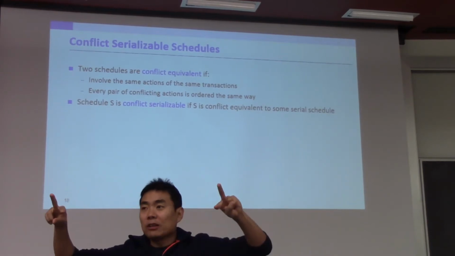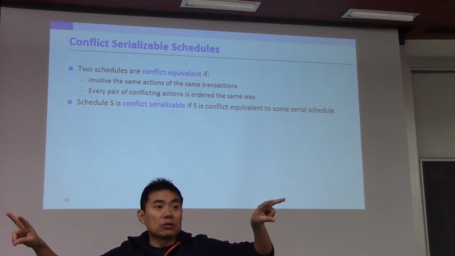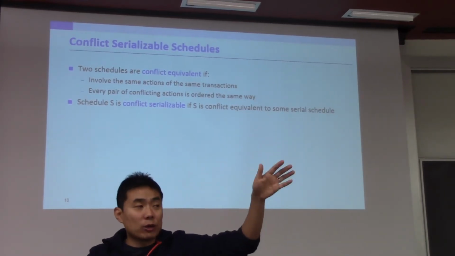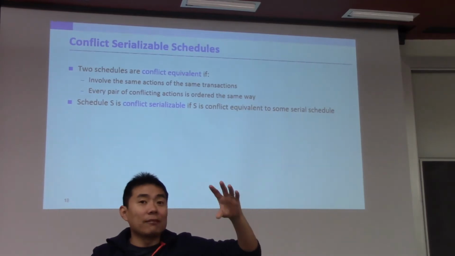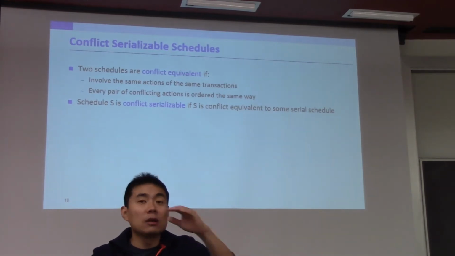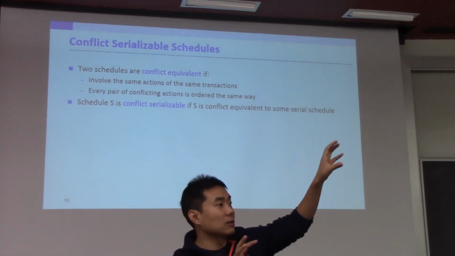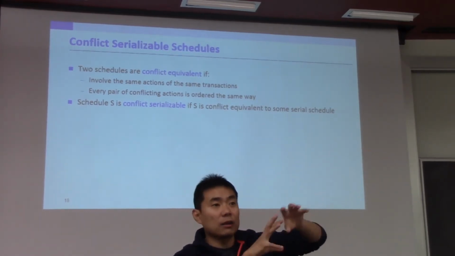The gap between them can be different in the two schedules. For example, in schedule 1, I have action 1 from transaction 1, then some other action from transaction 2, and action 2 from transaction 3. Suppose action 1 and action 3 are the conflicting pair of actions.